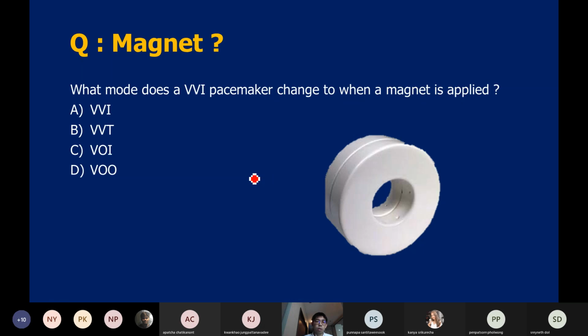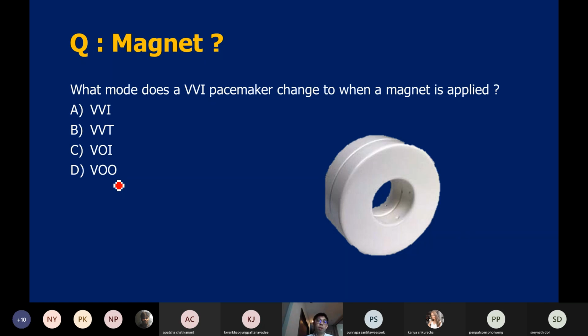Okay, so I come to the question: what mode does a VVI pacemaker change to when a magnet is applied? Can anyone answer this? Might be VOO. Okay, so you got it. If you apply the magnet to the pacemaker, it would switch from demand mode into fixed rate mode.